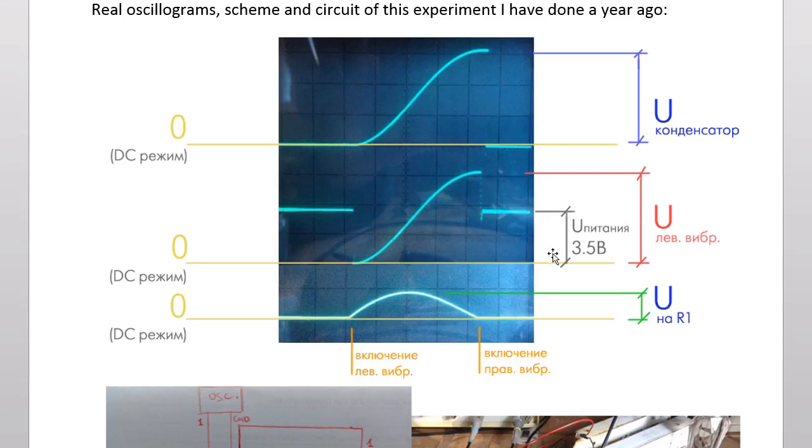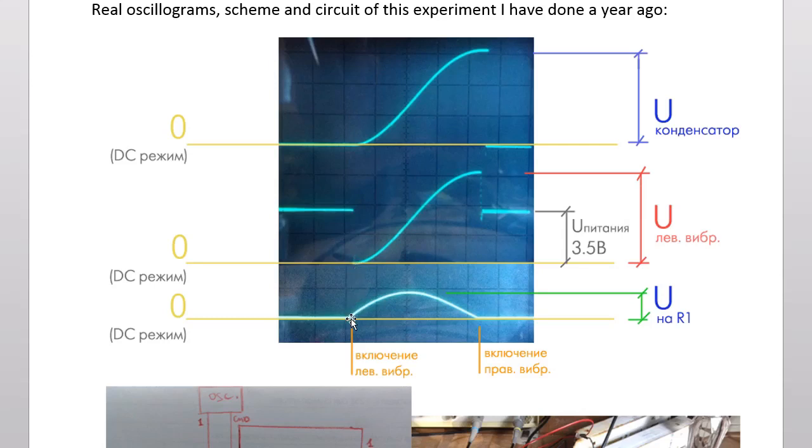You can see that this is the 0 line. This line is 3.5 volts of the battery, and here's the moment of closing. The self-inductance EMF cancels the EMF of the source voltage, cancels it totally.